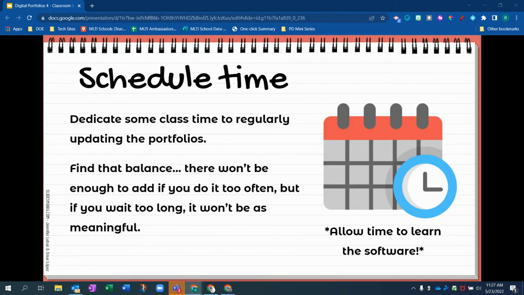So I would say that probably one of the first things that come to mind with dealing with portfolios is that you make some dedicated scheduled time for the students to work on them in class. If they're going to be an important artifact for you in your classroom, in your content, then giving the students some dedicated time shows them that it's worth it, that you want them to do well with it.